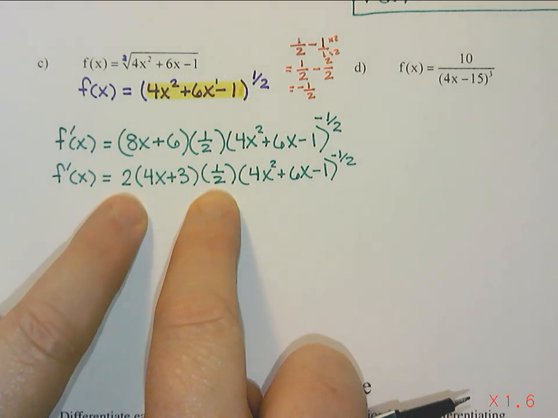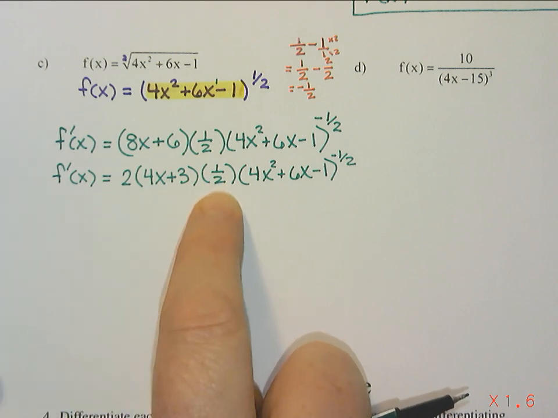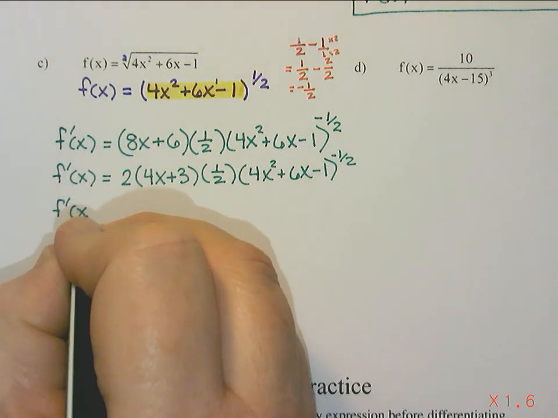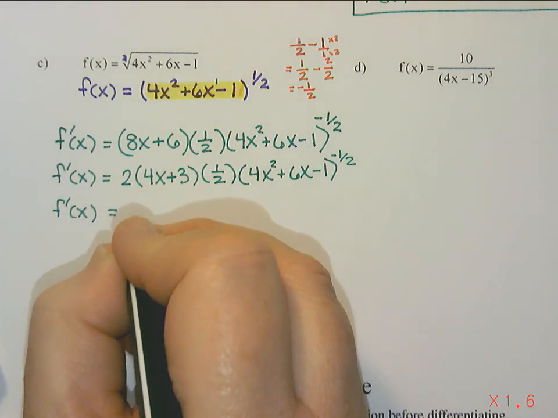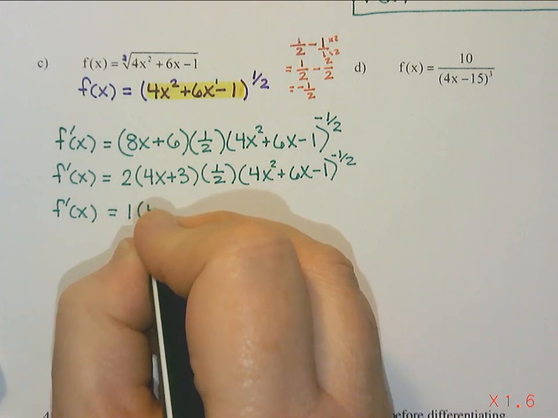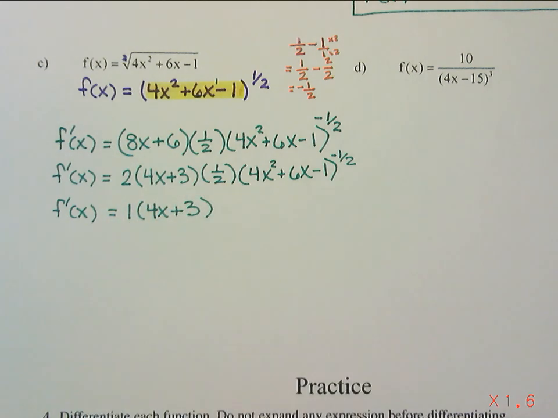We have the 2 and the 1/2. I can multiply those together. So 2 times 1/2 is just 1, right? Or 2/2, which is 1. So I would have 1 and then 4x plus 3. I don't have to write the 1. I am going to write it in. So I have 1 times 4x plus 3.